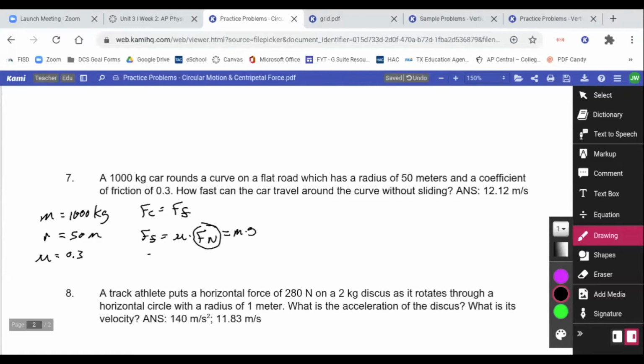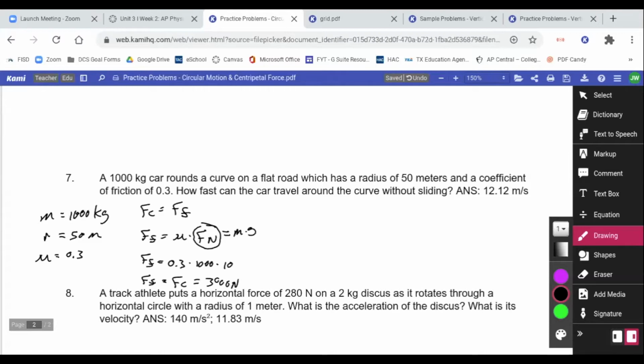So we could say that force of friction is equal to the coefficient 0.3 times the mass 1,000 times gravity of 10. Well, 0.3 times 10 would be 3, times 1,000 would be 3,000. So force of friction is equal to the centripetal force, which is equal to 3,000 newtons.